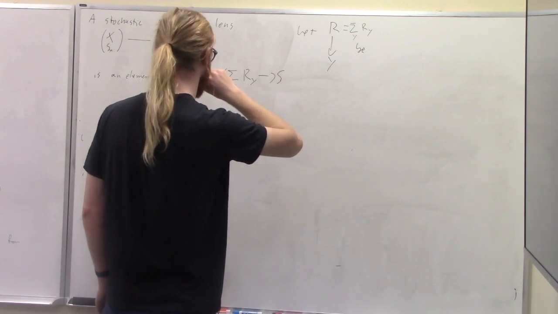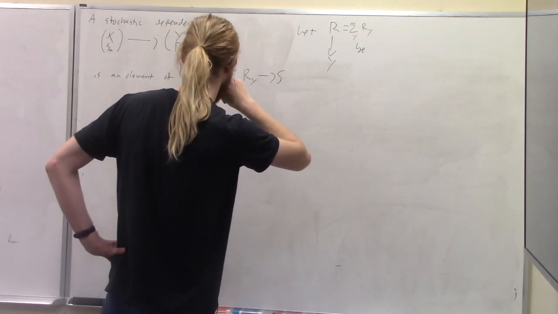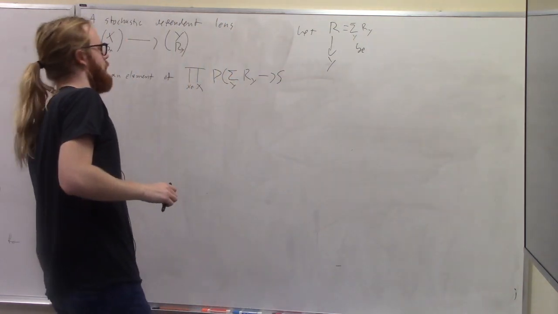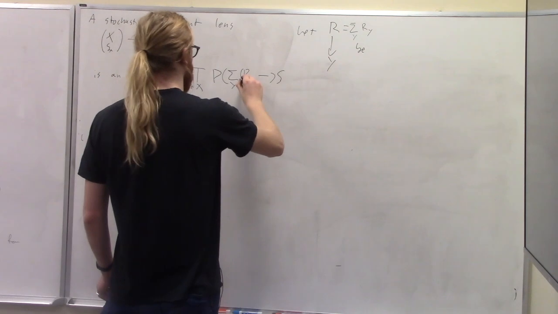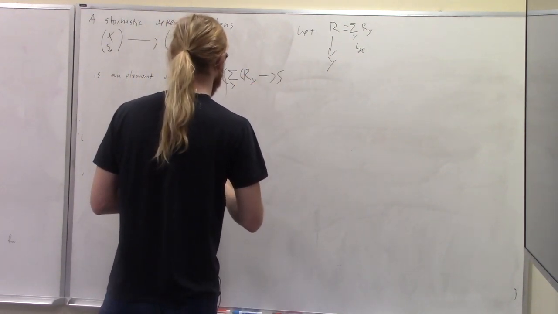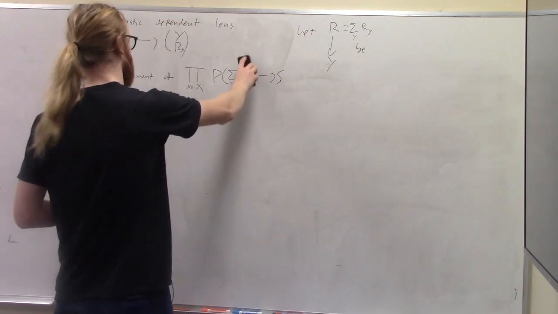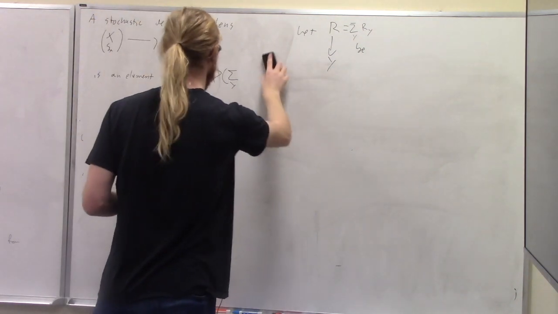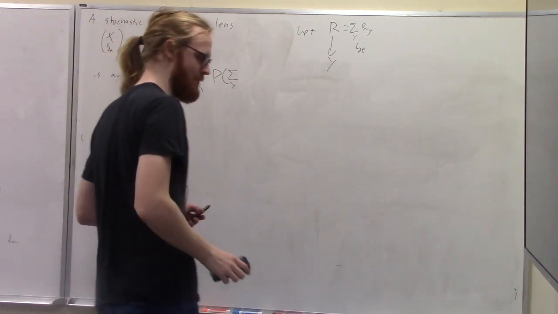A distribution, oh, what the hell am I doing here? Map from r y to s x, or sorry, there's a really neat version of this that I'm completely messing up.